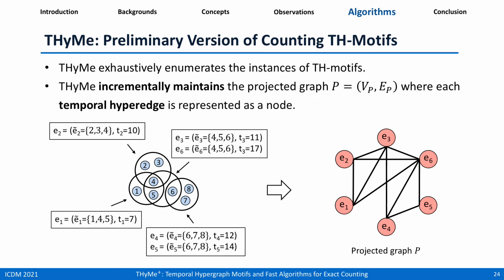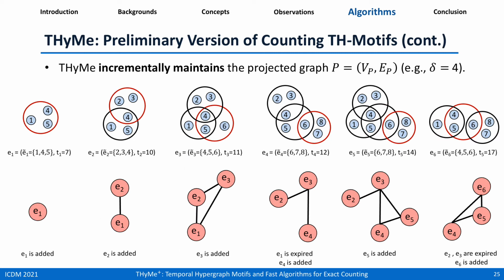It slides a temporal window of size delta and incrementally maintains the projected graph P, whose node is a temporal hyperedge of the temporal hypergraph within the window. Let's consider the following example with delta 4. The projected graph P is incrementally maintained in response to the temporal hyperedges that either enter or exit the sliding temporal window.